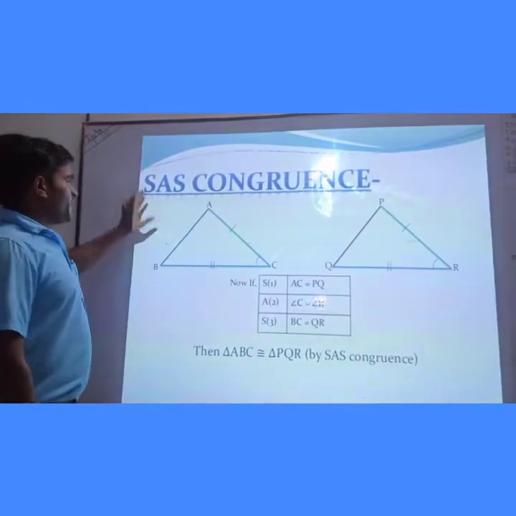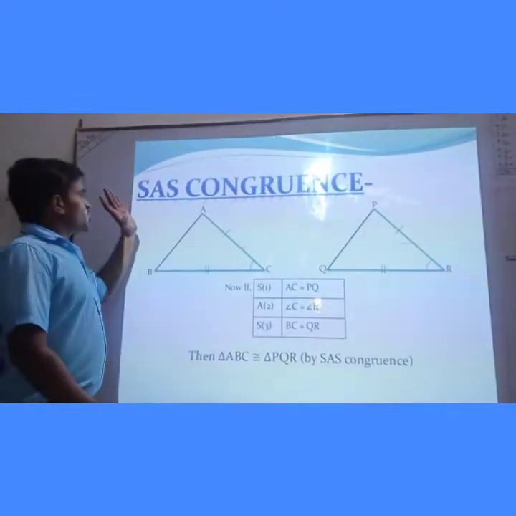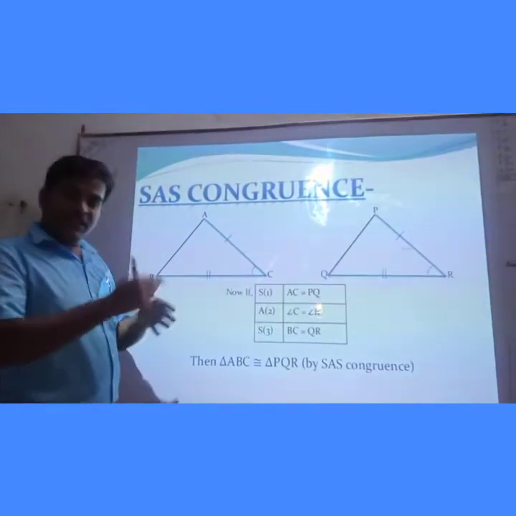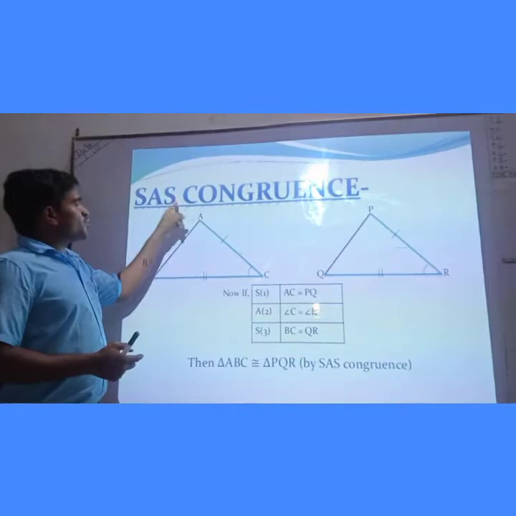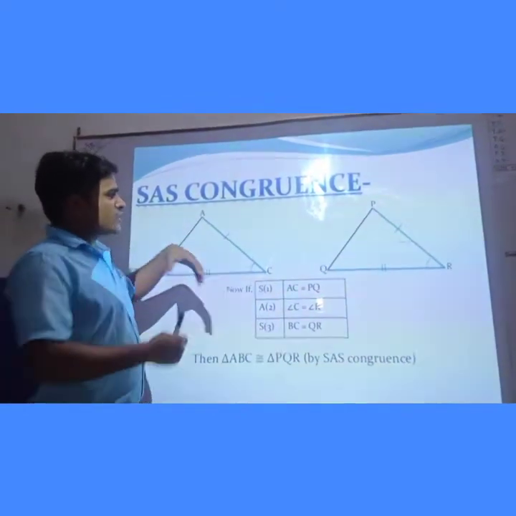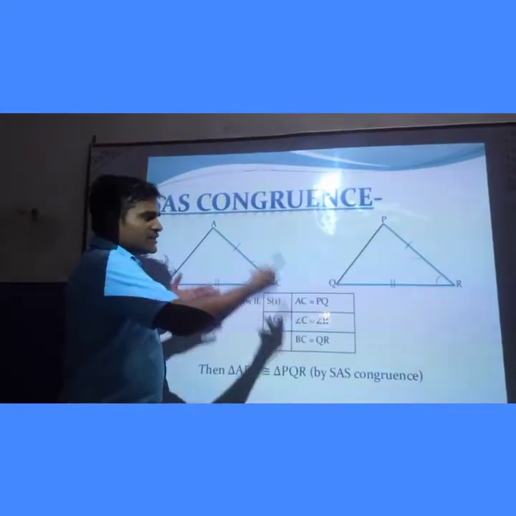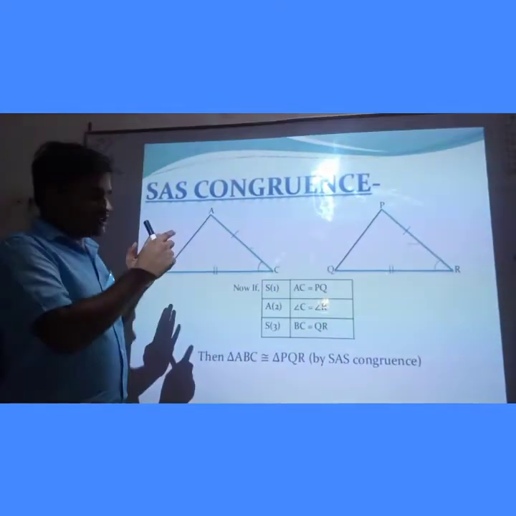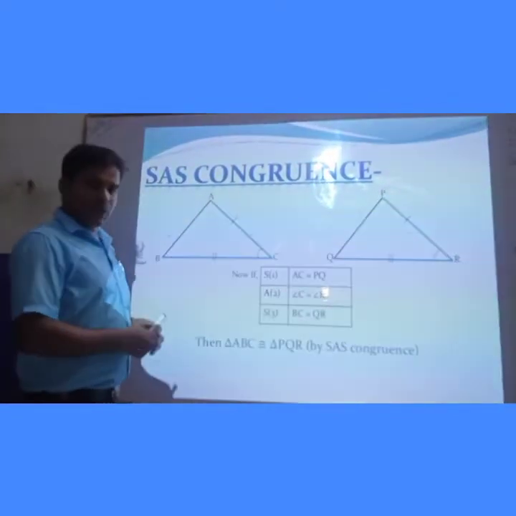Okay, students, in the SAS congruency criteria, two triangles are congruent if two sides and the included angle of one triangle are equal to the corresponding two sides and included angle of another triangle. Then these two triangles are congruent by SAS congruency criteria.